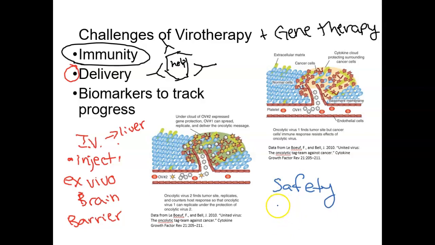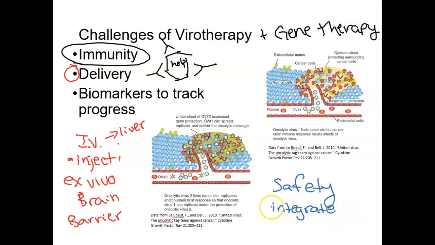So we talked about in the last lecture how oncogenic viruses can integrate. And if they integrate into the promoter region upstream of a proto-oncogene, they can turn that oncogene on, and that leads to uncontrolled cell growth.